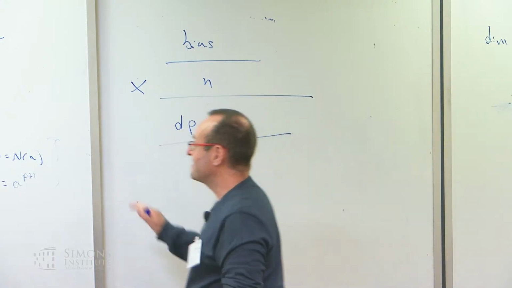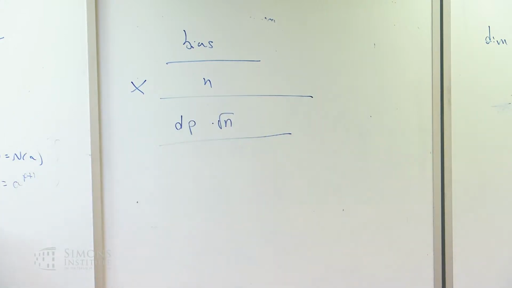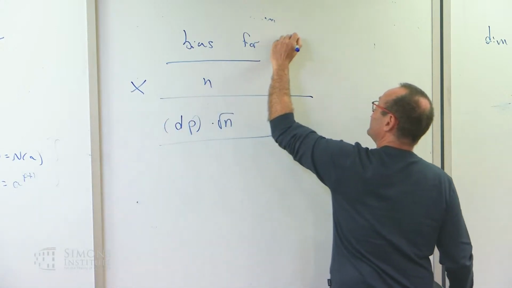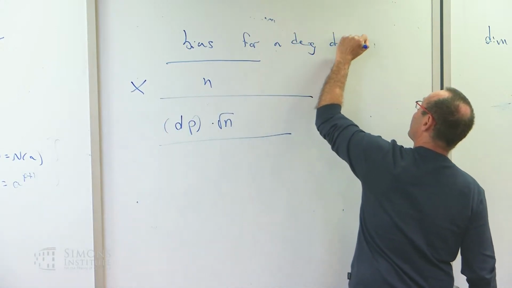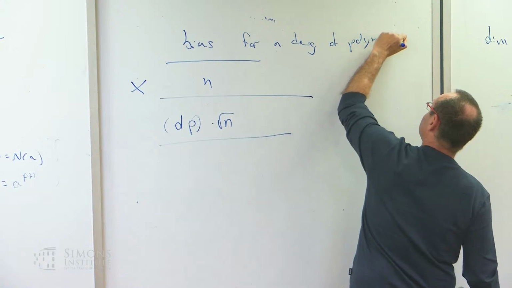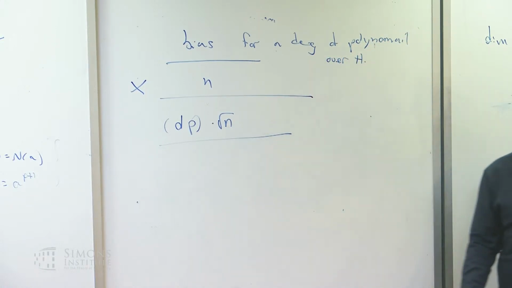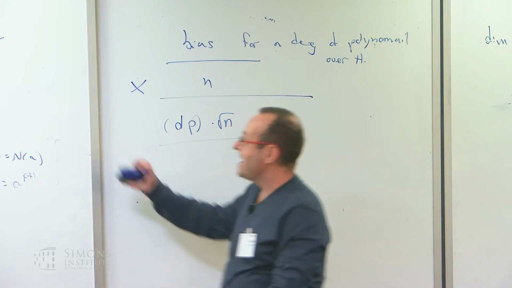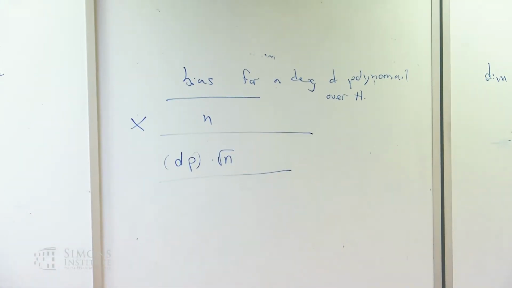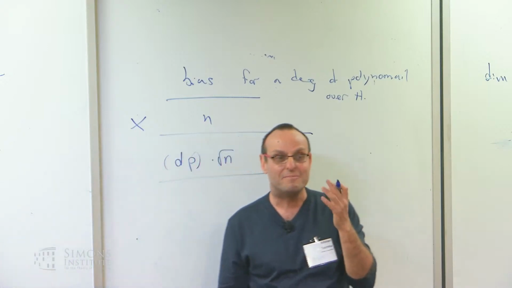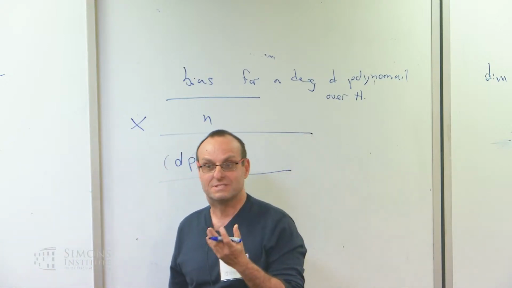Let me tell you why. This is for a degree D polynomial, for the bias of a degree D polynomial over the Hermitian field. Why? Because, for example, look at the polynomial x. Its degree as a polynomial is 1, but how many zeros does it have?